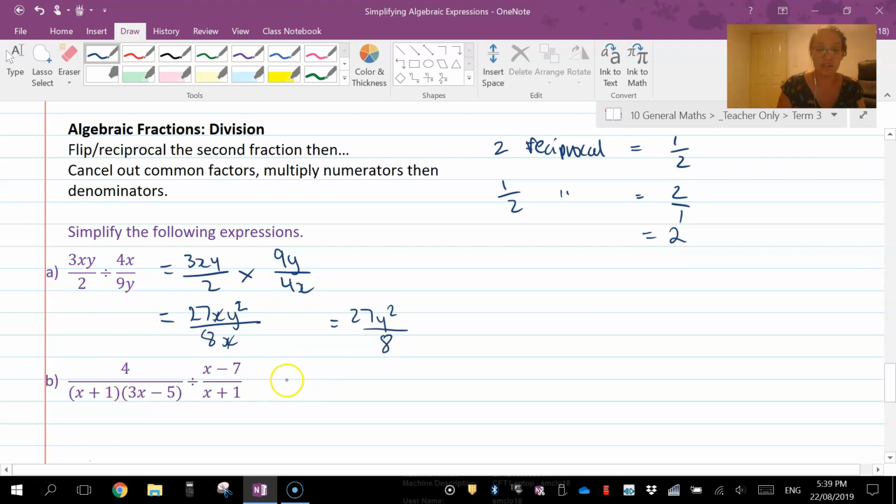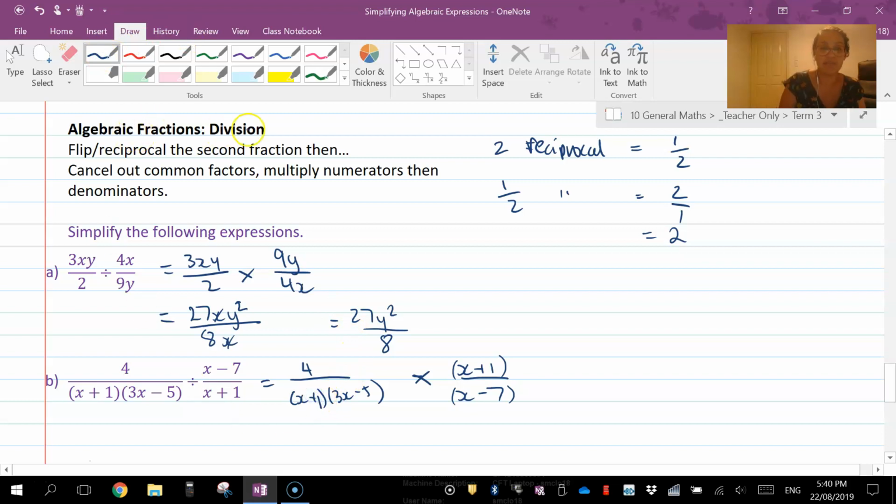Cool. This one here, again, a little bit tricky, but if you have a look at it, we're still going to flip the second one, so we'll do that first. 4x plus 1 over 3x minus 5, times x plus 1 over x minus 7. Oh, the 1's been missed.